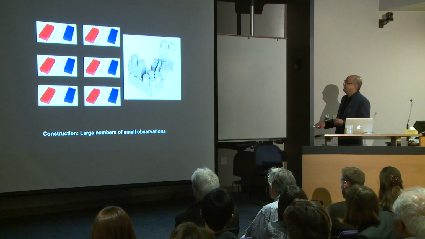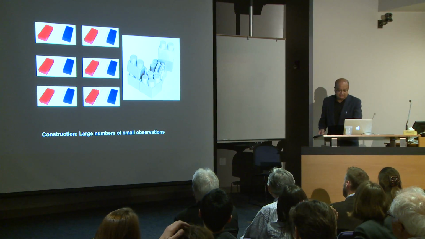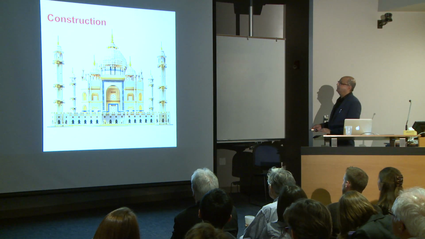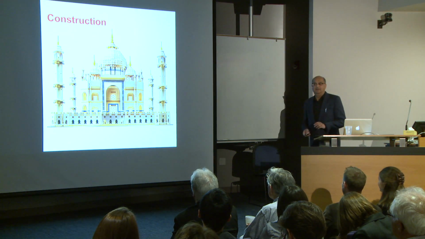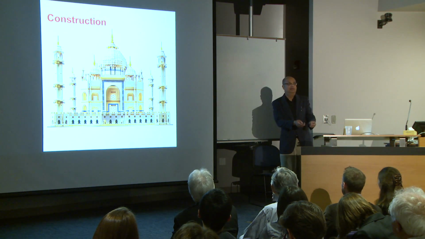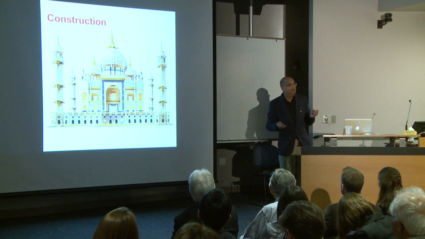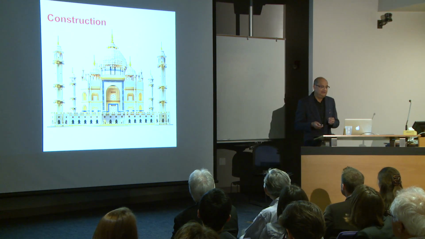It is like using Lego sets, which can be combined together, and if properly combined, could build something really magnificent. So you start with minimal elements. Large numbers of small observations is the critical key to this.